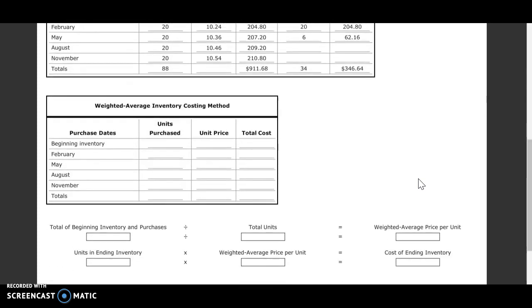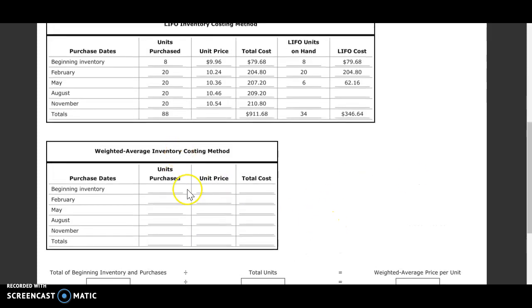Okay, I also am going to do then my weighted average. So again, I'm going to be putting in my information from up above. So I'm going to copy this in, because this does not change.